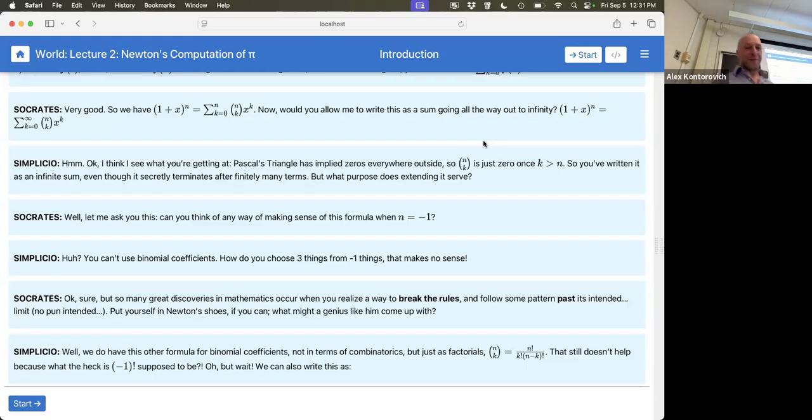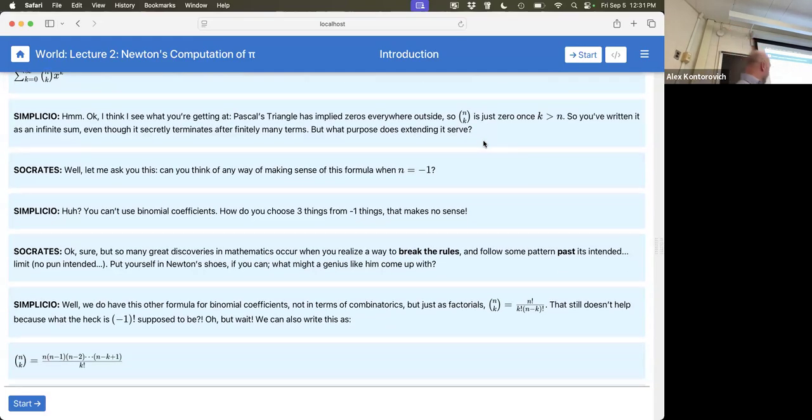But wait, there's another way to write binomial coefficients. Instead of n factorial over n minus k factorial, we have n, n minus 1, n minus 2, up to n minus k plus 1. Then you can cancel the rest, since n minus k factorial cancels on top and bottom, and you're just left with n, n minus 1, n minus 2, and so on.